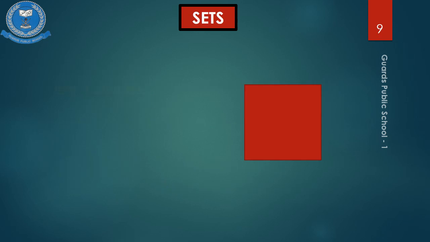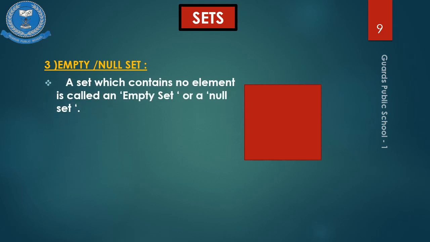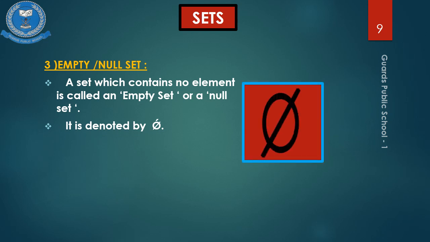The third type is empty set or null set. A set which contains no element is called an empty set or a null set. It is denoted by the symbol phi. So a set which doesn't have any element falls in this category.